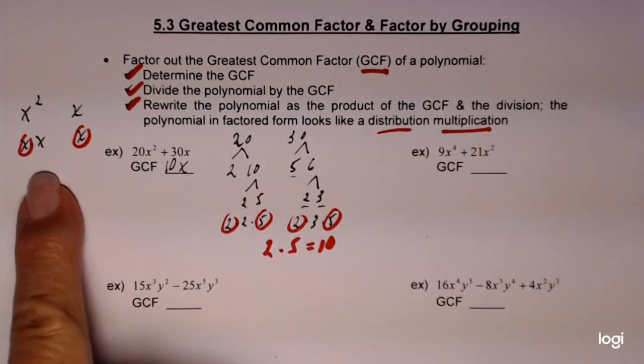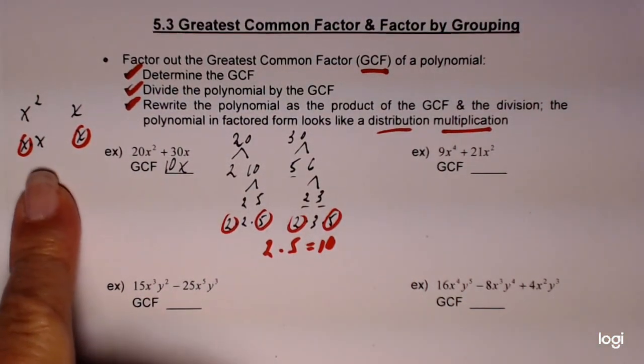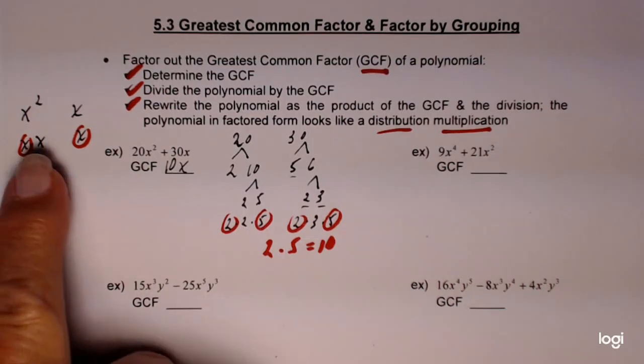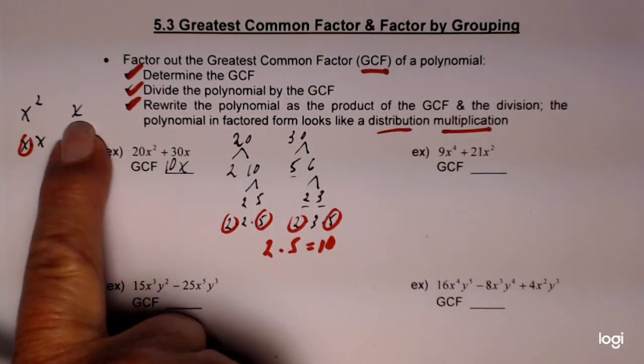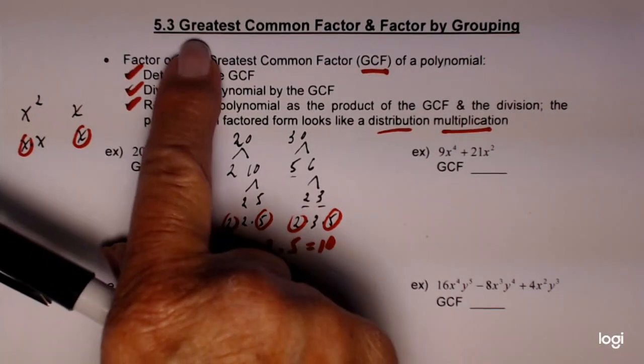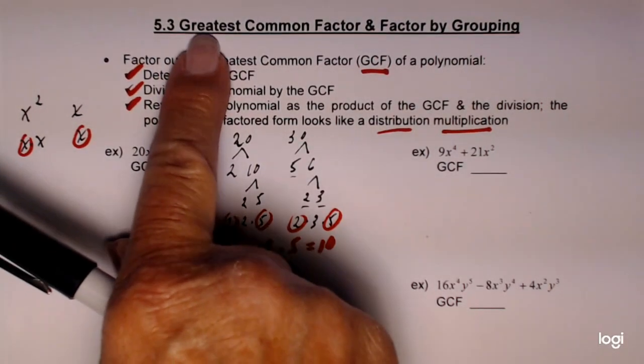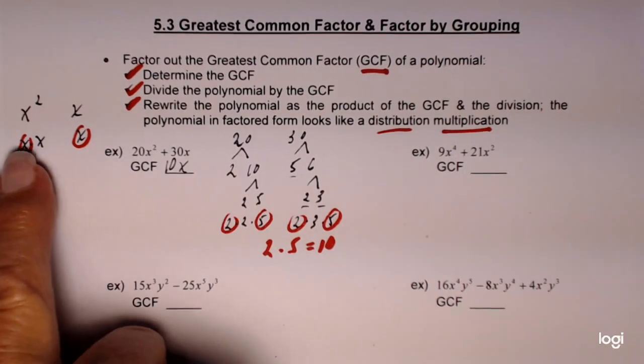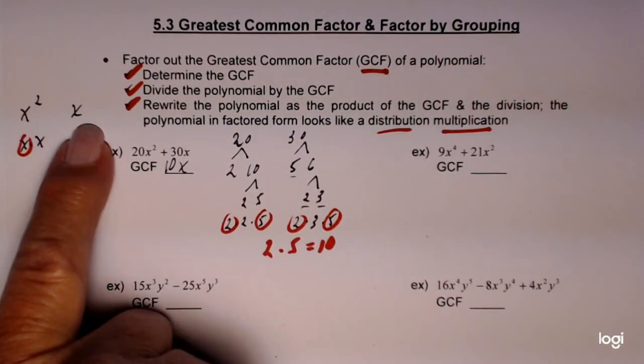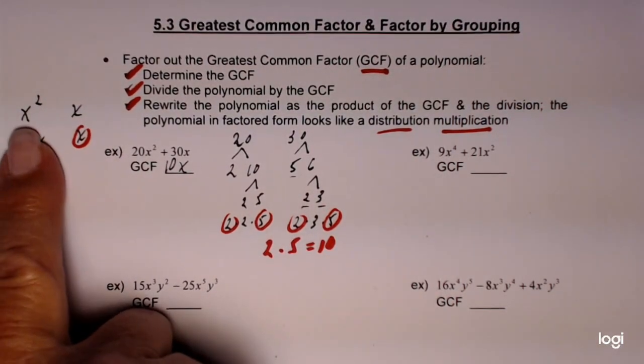Something I want to point out here. When we're looking at the greatest common factor for variables, it's always going to be the version of the variable with the smallest exponent. Sometimes students hear greatest and they get hung up on this. They say, hey, x squared is greater than x, so I'm going to use that.